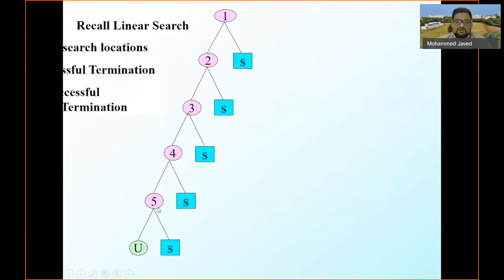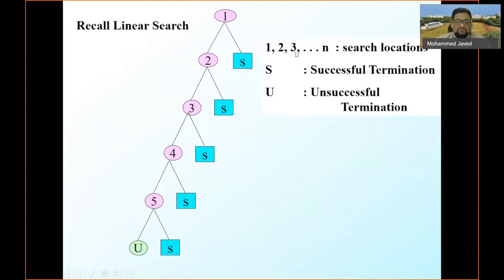So in this particular case, 1, 2, 3 up to n are the search locations, and I have added successful termination that is represented as S. So at every location there is a chance of successfully finding the key element, represented as S. So at all positions there is a possibility of successful termination.